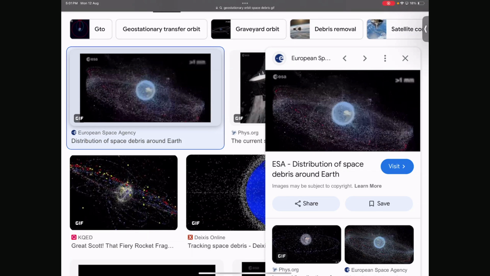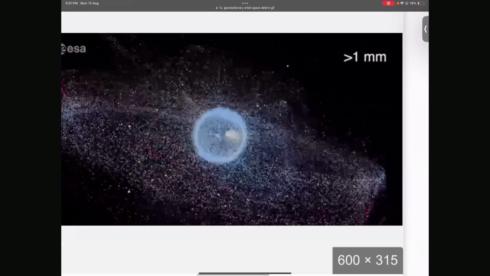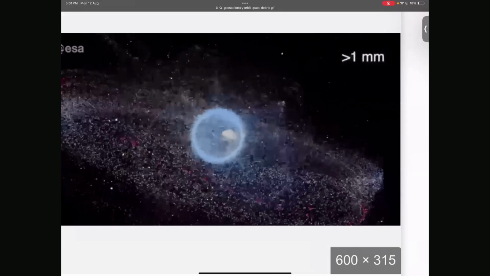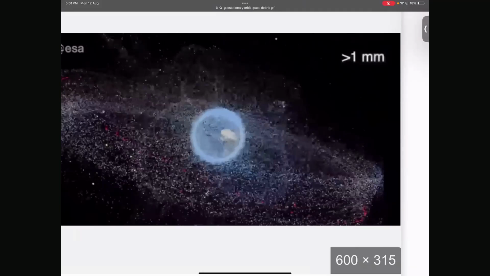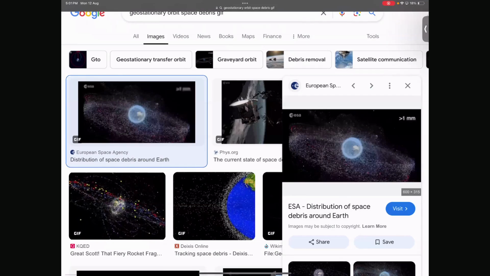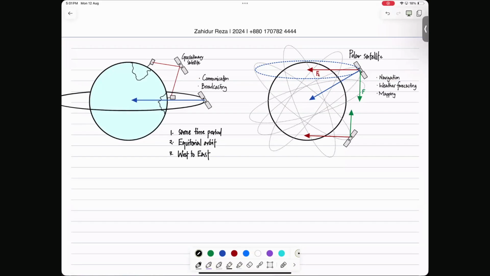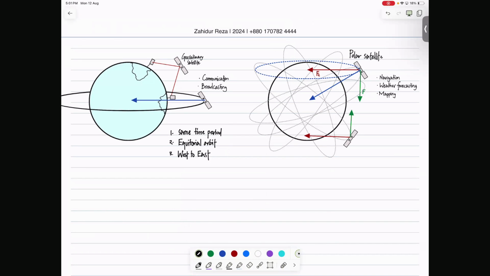Also, it depends on your location. The geostationary location for Bangladesh and for Europe will be different. There are some places with very high demand, especially the European region. So that's what geostationary satellites look like. Notice here, all those going around, you can see that big band out there. They're all your geostationary satellites. So this is it. In our next class I'll give you the notes and everything.